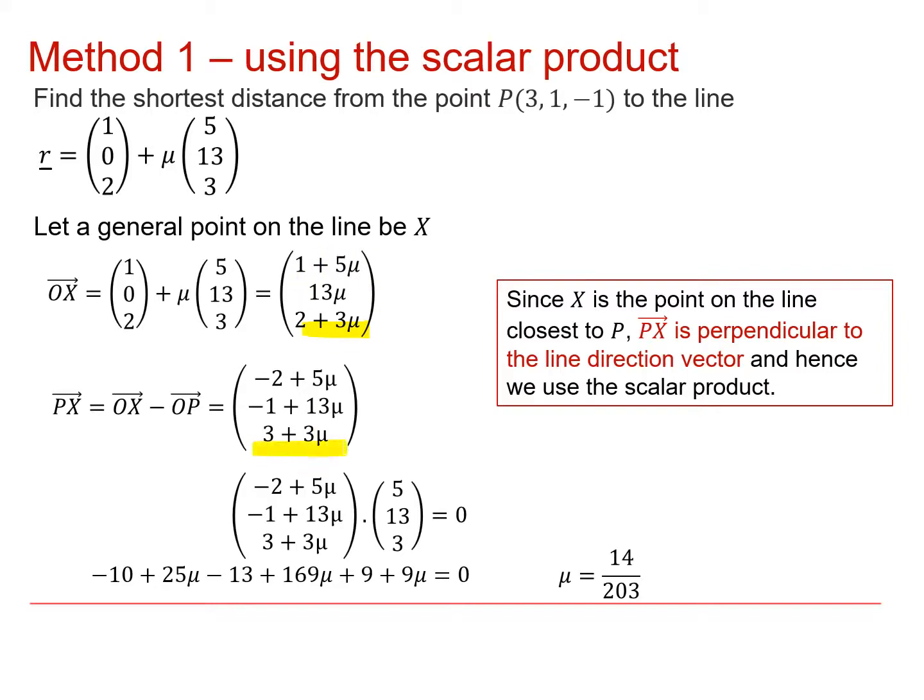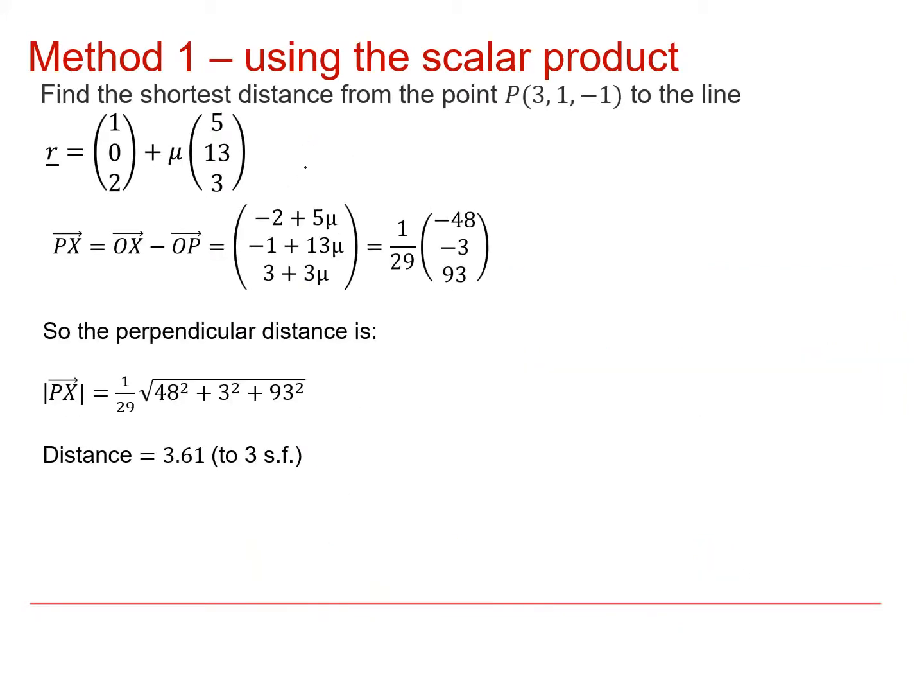And so PX, the vector between P and the general point X, is here. And then we use the dot product to get this equation, and therefore the final value of mu, which fixes PX perpendicular to the direction of the line. And we notice that this cancels down to 2 over 29.